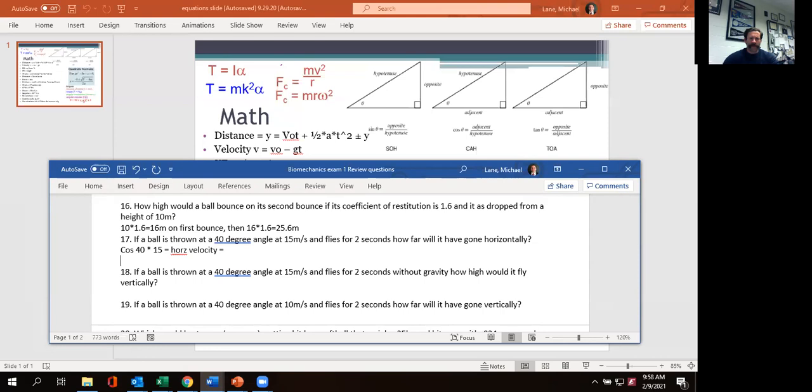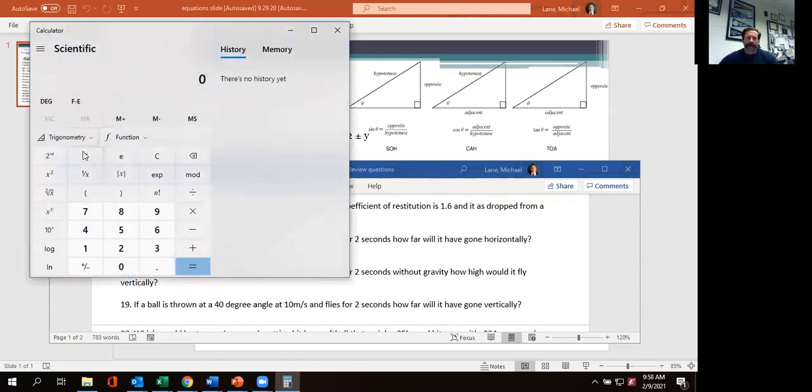So then we're going to take that horizontal velocity and put it into that distance formula. And since we don't have to worry about acceleration, we're just going to take that horizontal velocity and multiply it by 2. And that's going to equal our horizontal distance, which is going to be some number of meters. This is going to be meters per second. So take your happy calculator.